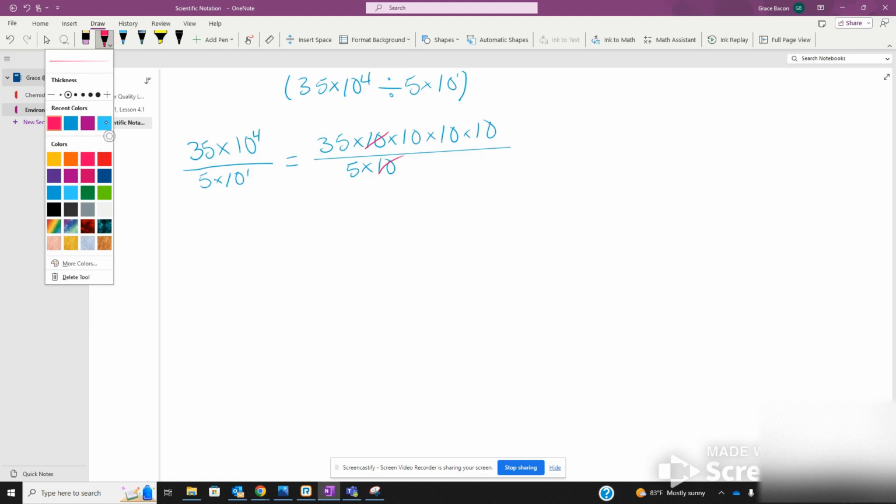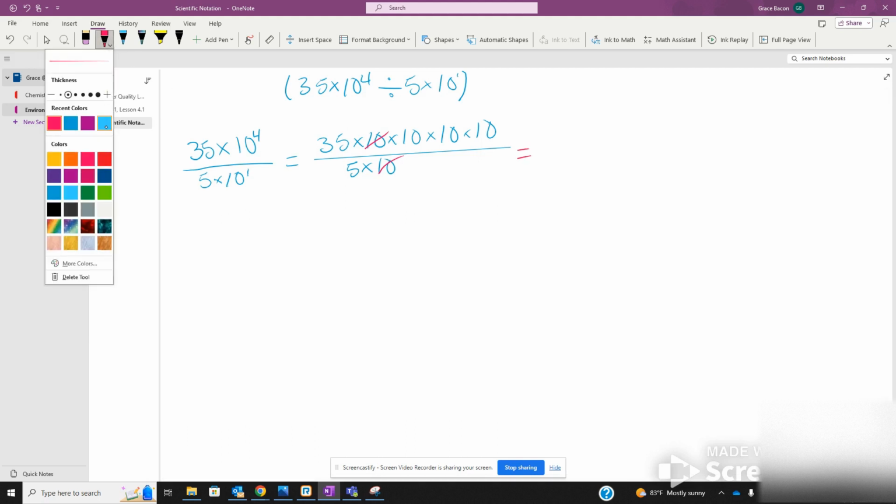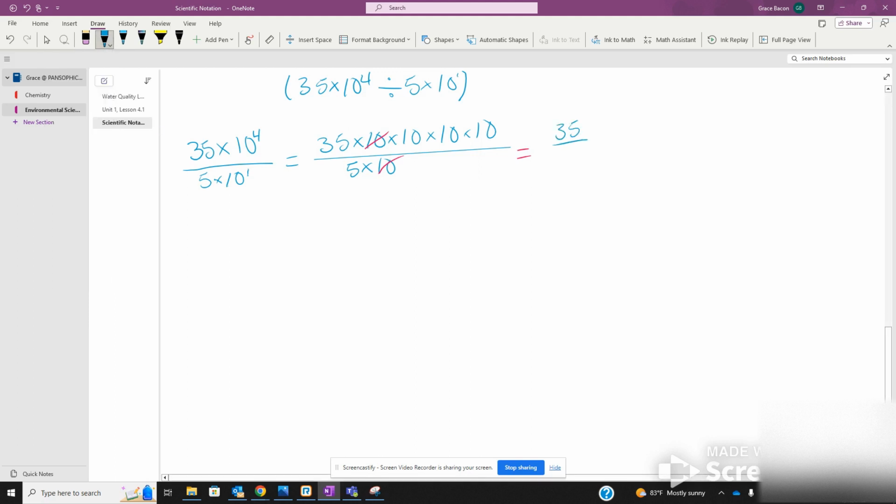So then we're left with, I'll go back to my blue, we're left with 35 divided by 5, and on top 10 to the 1, 2, 3. And so that gives us 35 divided by 5 is 7 times 10 to the 3rd.